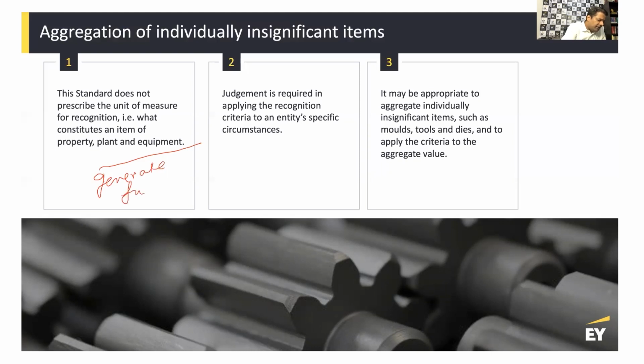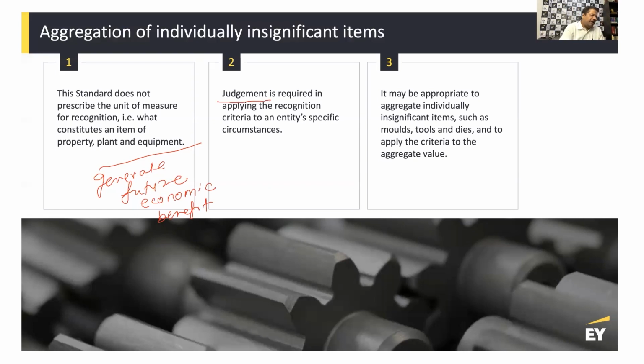That is inherent or fundamental to the whole concept of property, plant, and equipment. You should be able to generate future economic benefit from the purchase of that asset, either by way of using it in the production process, or for administrative purposes, or by giving it on rent to others. So you've got to apply judgment.